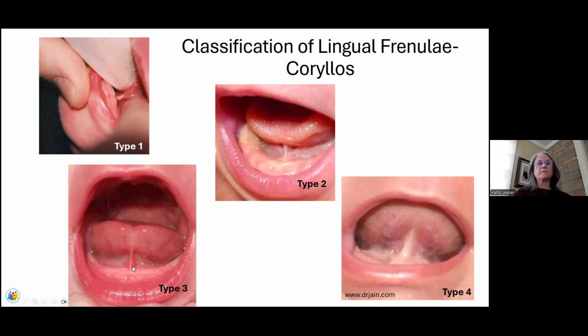But a 3 is supposed to be halfway to 3/4 of the way back in its attachment, and a type 4 is very far back, the last 25% of the floor of the mouth to the base of the tongue. So the typing system is really mostly useful for research purposes and talking amongst yourselves as lactation professionals about how significant the anatomy of this tongue tie appears.